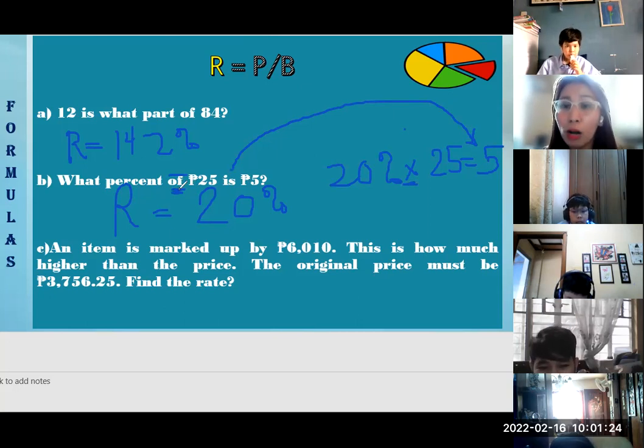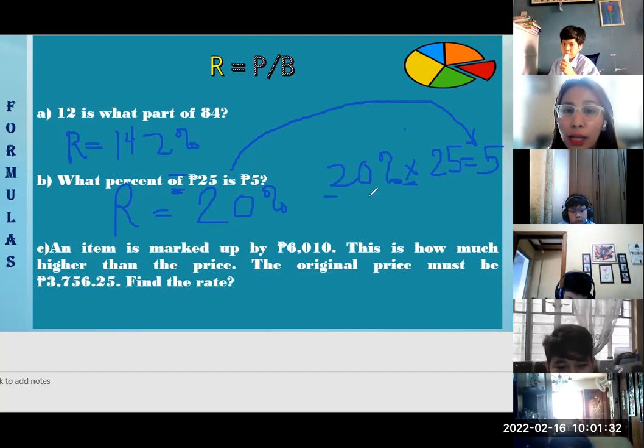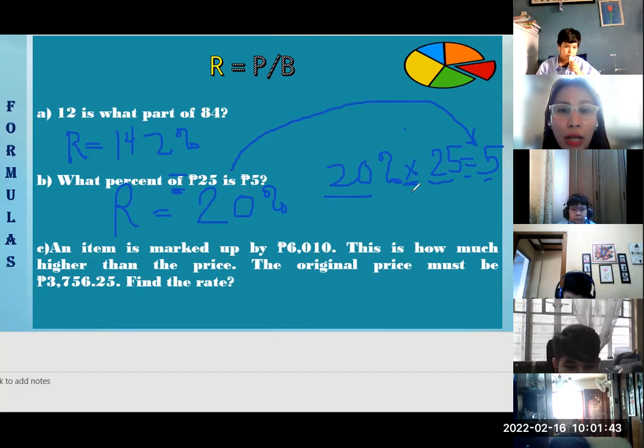Okay? Para nako-convert natin yung words to numbers. 20% of 25 ay 5. Okay? Tama po. 0.2. Pwede nyo siya i-multiply. 0.2 times 25 is 5.